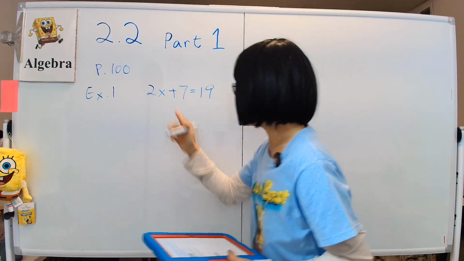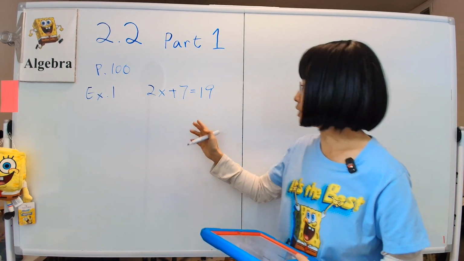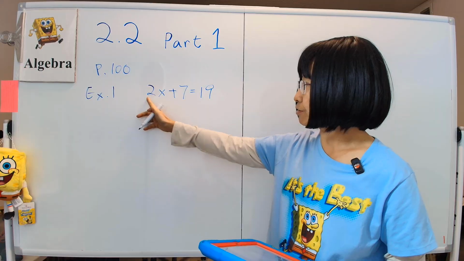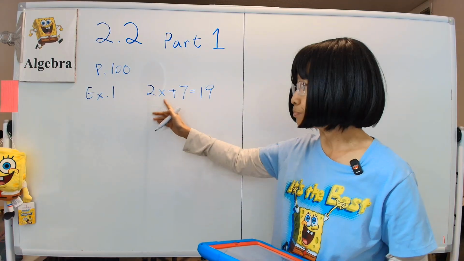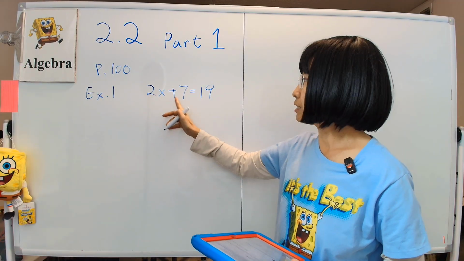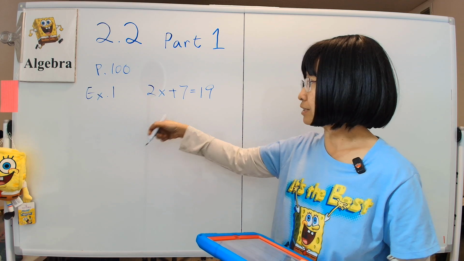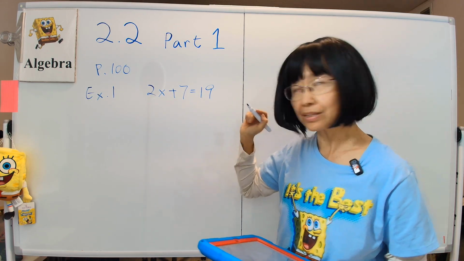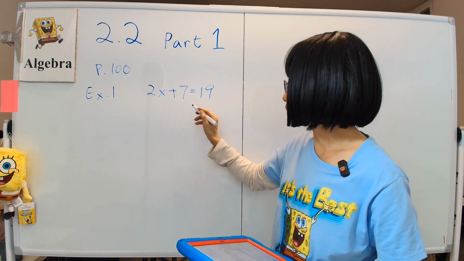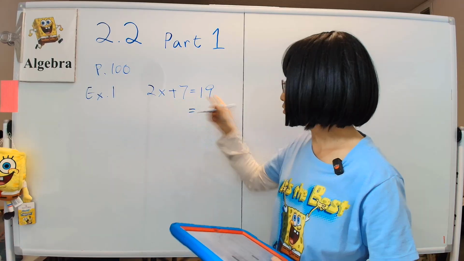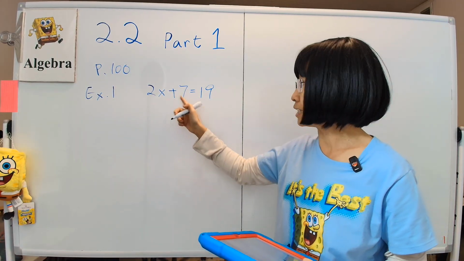Now to solve any equation, we focus on x. The variable is what we're looking for. Anything that isn't the variable, we're going to kick over to the other side of the equation. In this case, there's a plus 7, so we kick it over here, and when you do, you change the sign.